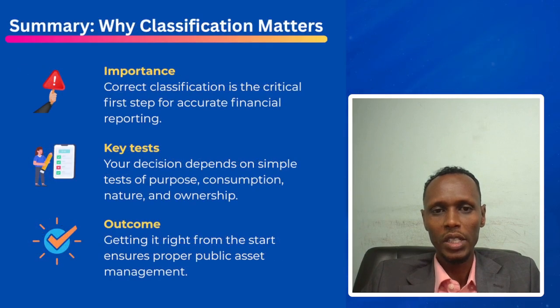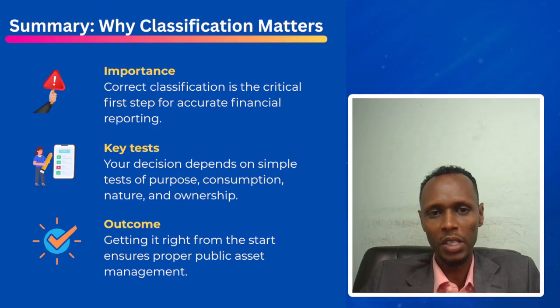And finally, we summarize our introduction and we say what matters. Classification matters. Correctly identifying an asset from the beginning is the critical first step in public asset management. Sometimes you might classify something as inventory, but maybe it is PPE. Or as investment property, but maybe it is PPE.